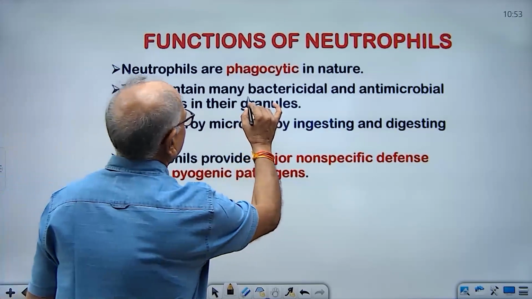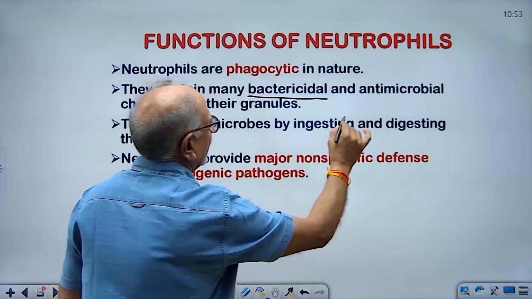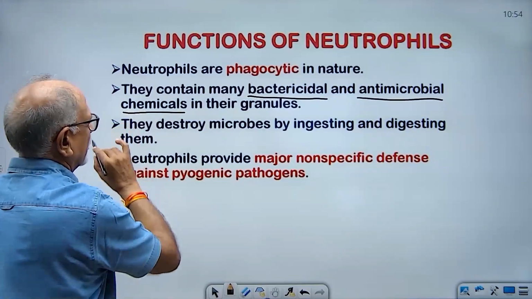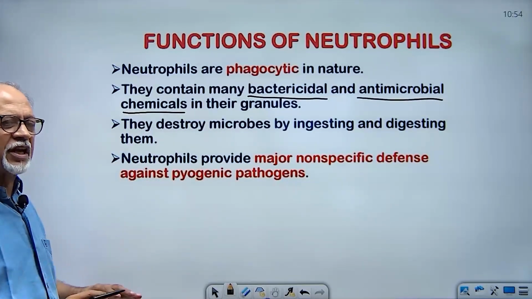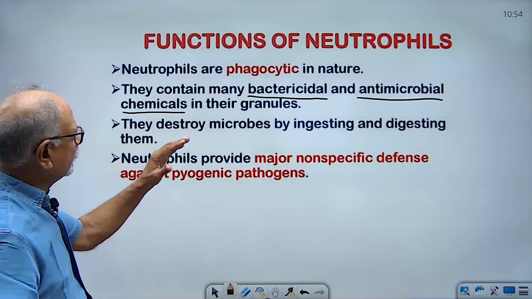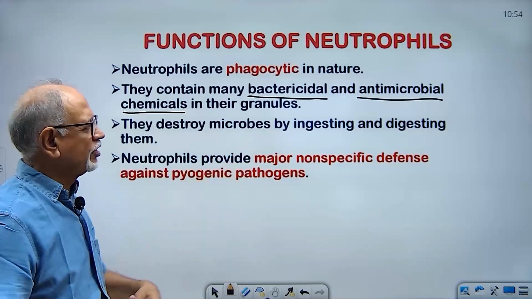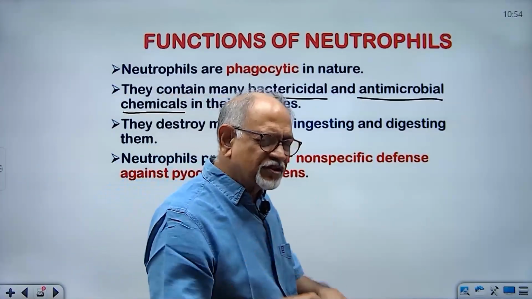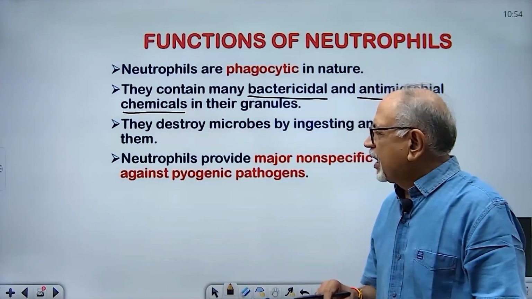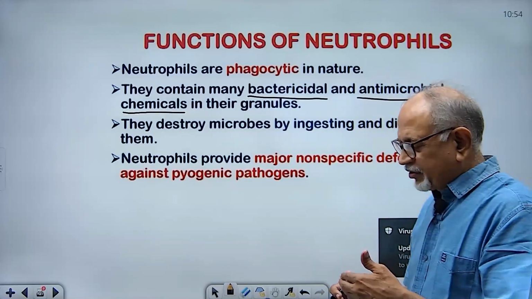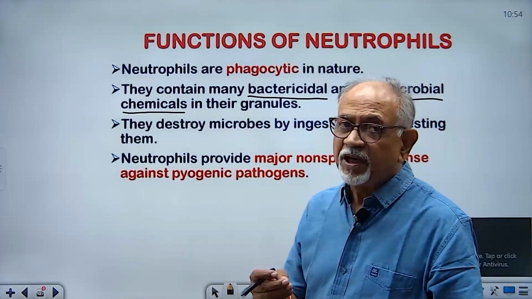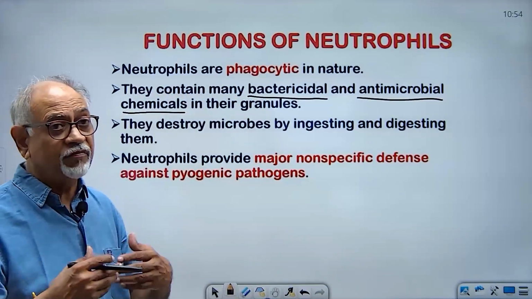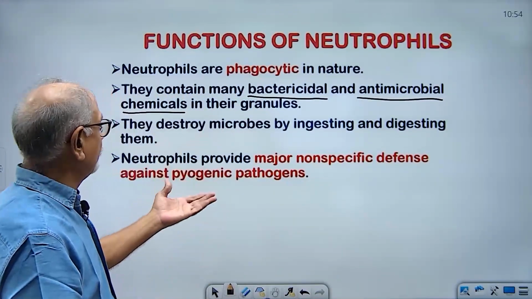Mostly they contain bactericidal and antimicrobial chemicals, especially enzymes in their granules, which are helpful to destroy the microorganisms. They ingest them, digest them with the enzymes, and then exclude the remaining part. So that completes the process of phagocytosis in the neutrophils.